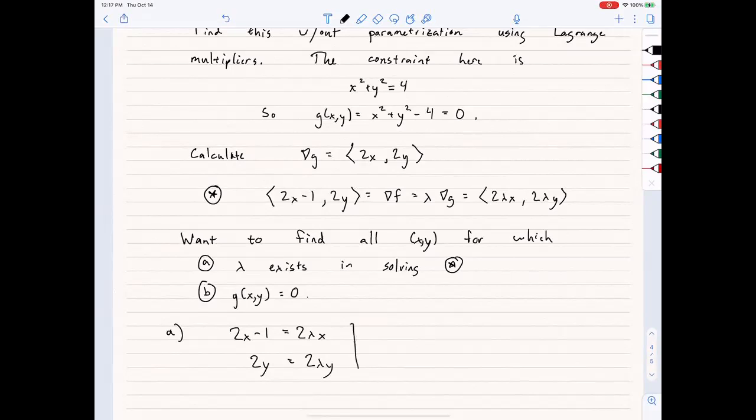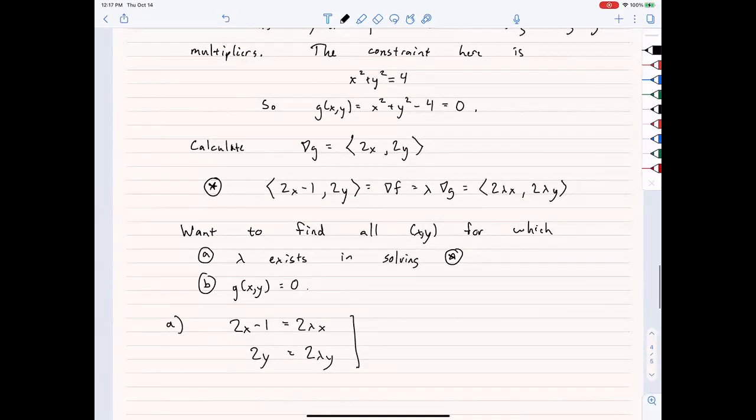In particular, what many people will be tempted to do, which you don't want to do, is say, oh, this equation means lambda is 1. However, that equation does not mean lambda is 1. If y is non-zero, then lambda is 1. However, y can be 0. So you need to take a couple of cases.